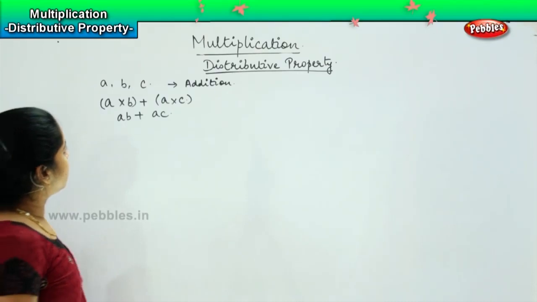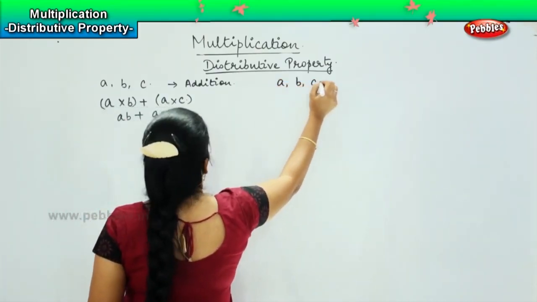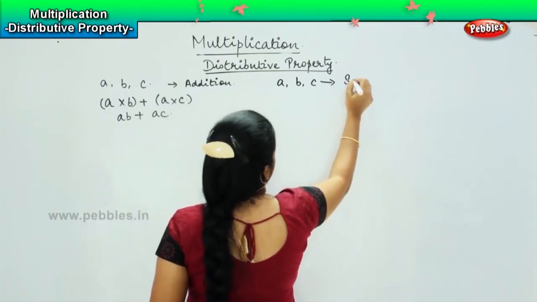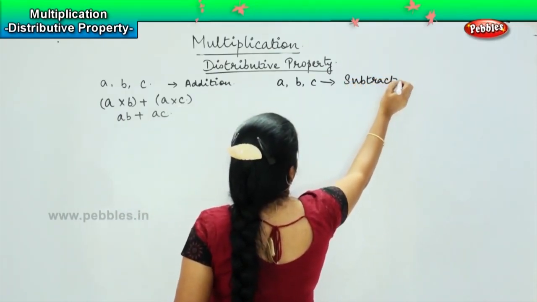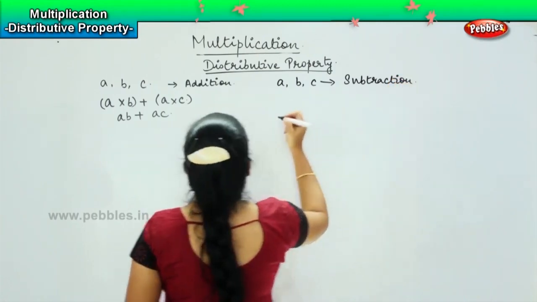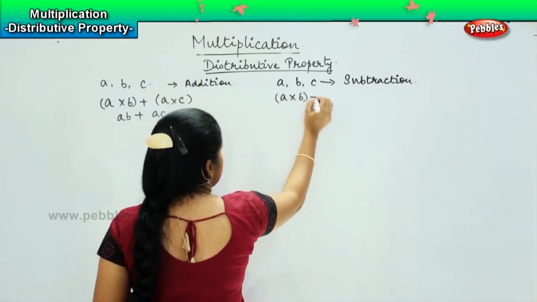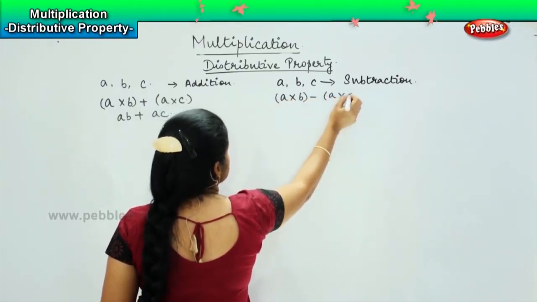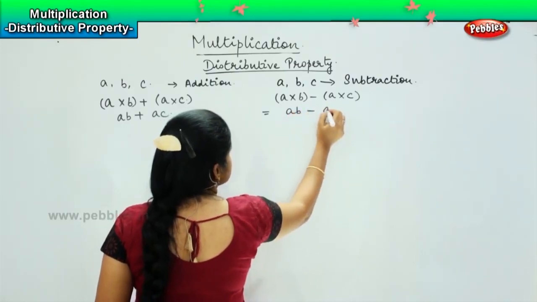Similarly, if it were A, B and C in a subtraction form, then the same example we can write as A into B minus A into C, which will be AB minus AC.